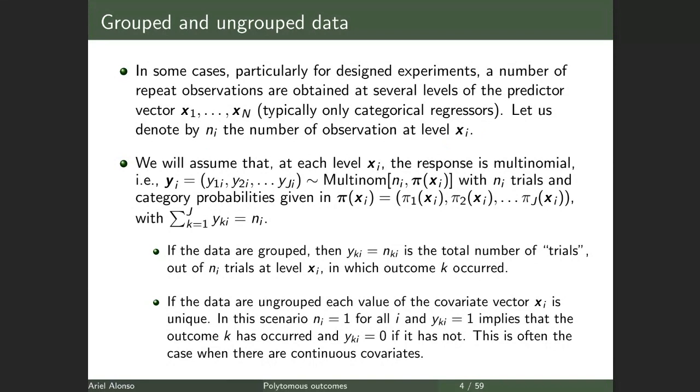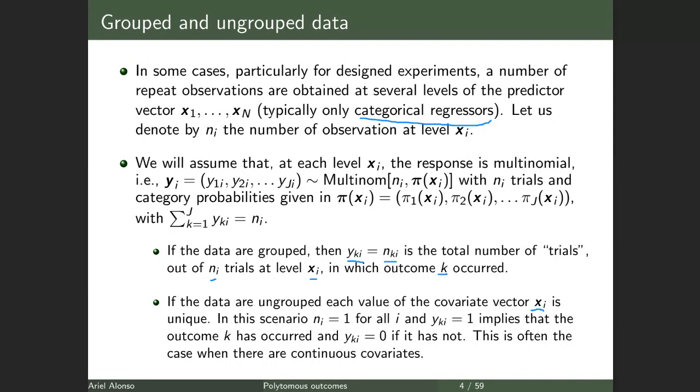We can denote by yki equal to nki the total number of trials, out of the ni trials at this level of the vector of covariates, in which the outcome k was observed. This is typically the case when you have categorical regressors. If you have continuous regressors, then it's very unlikely that you will have repeated measurements. In that case, each vector xi is unique.